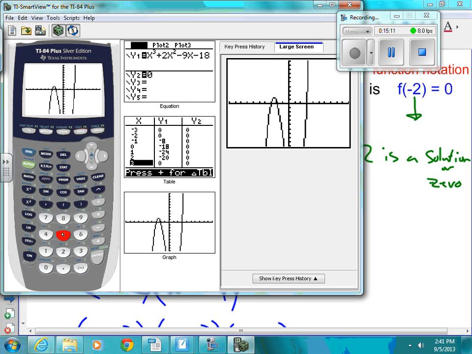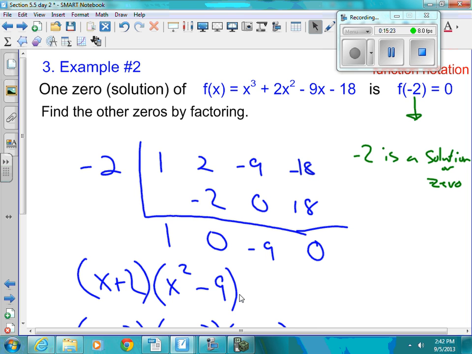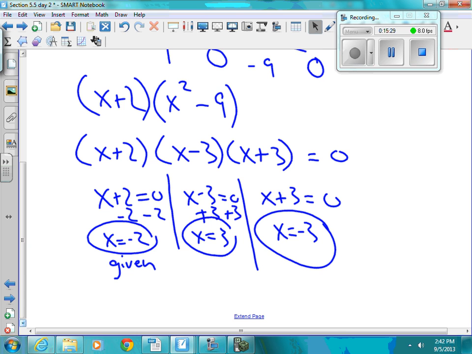And then I can find the last one, hit enter twice, and arrow over to the other zero, and I find all 3. So we have proven graphically that our algebraic answer is correct. That's the key thing. The graph and algebra need to match up and be on the same page. If they are different, then you made a mistake somewhere along the line.